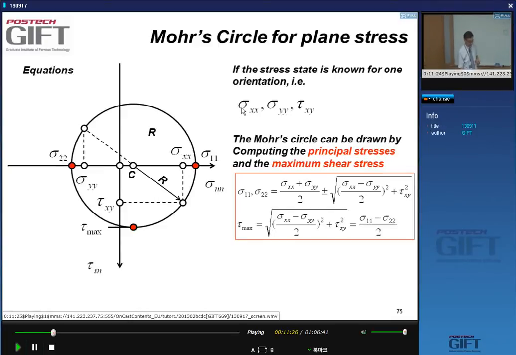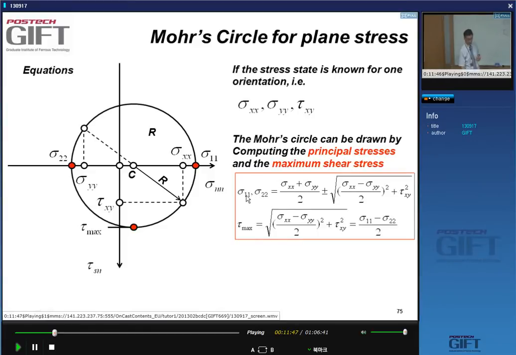Then these three values will help you form or draw a Mohr circle. And we can do this by computing the size of the principal stresses and the maximum shear stress. And these are the formulas.